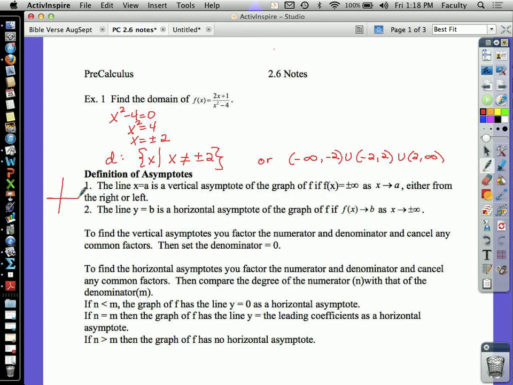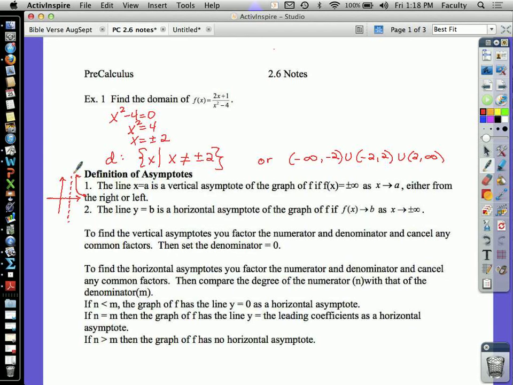Let me draw a picture because I don't think that that's real clear here. So if x is a, we're saying this is a vertical asymptote if that piece of graph is either going up to infinity or going down to negative infinity. That's the best we can do through PreCalculus.